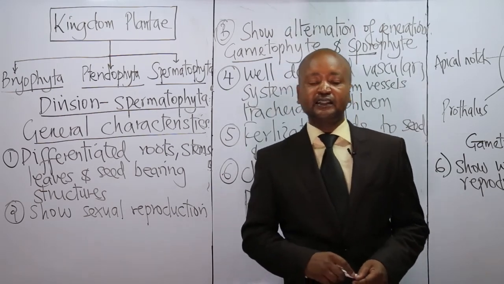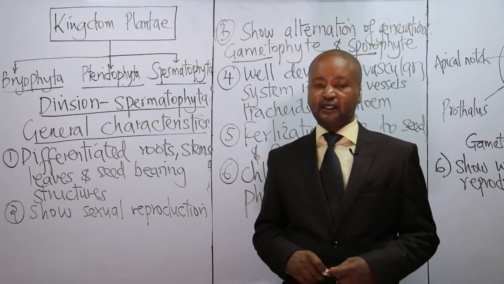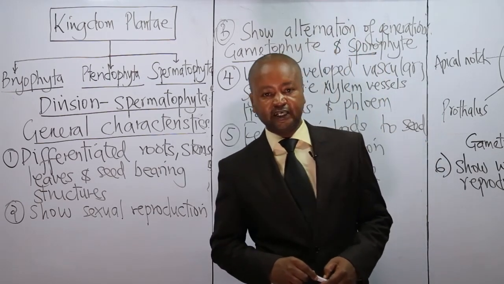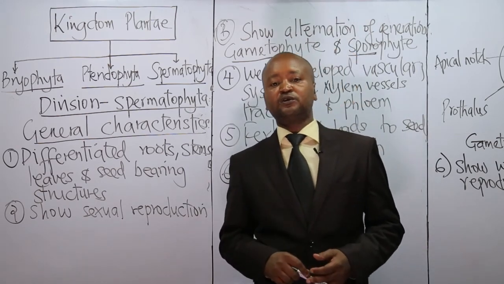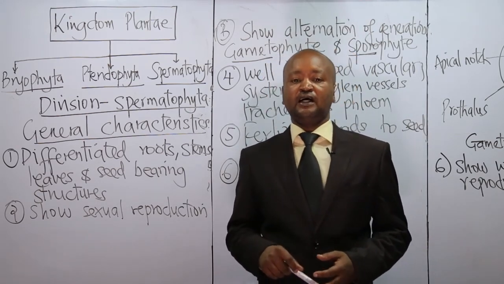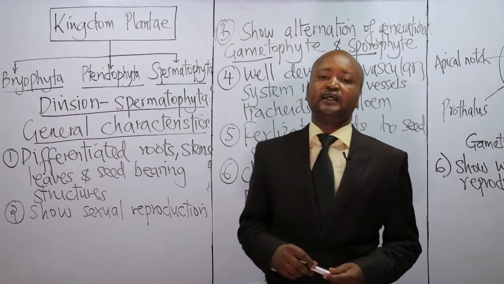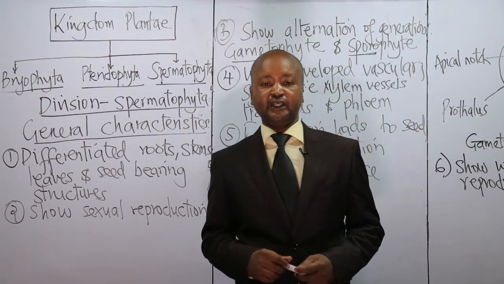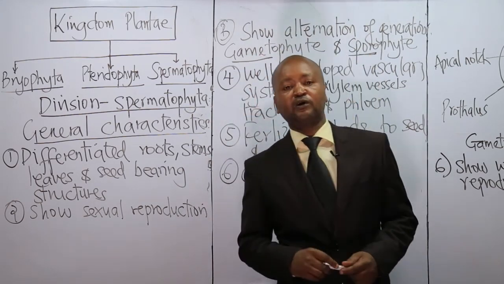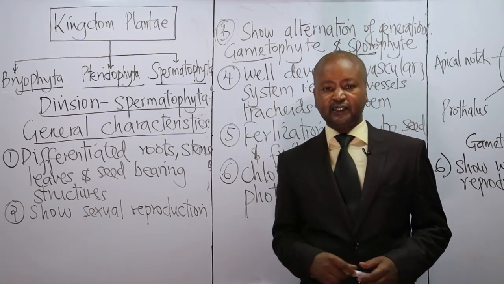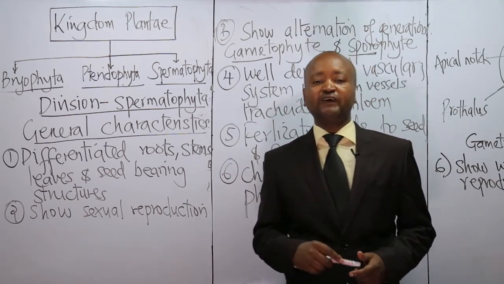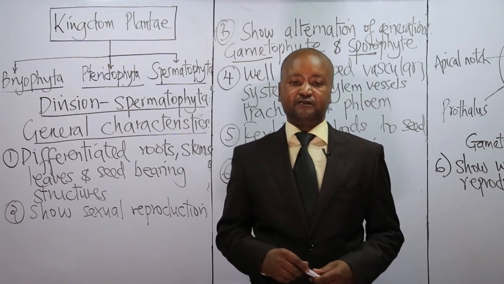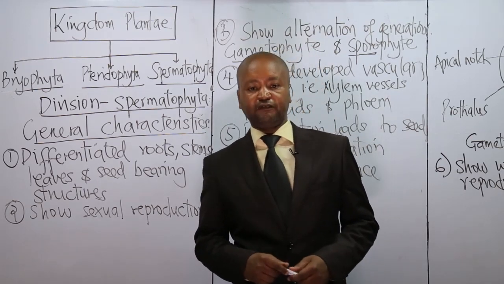Another distinct characteristic is that this division is differentiated into roots, stems, leaves, and in addition to that, it has seed-bearing structures that make it unique. Another notable characteristic, which is not common with the others, is that in this group, fertilization leads to the formation of the fruits and the seeds. So those are the specific characteristics.